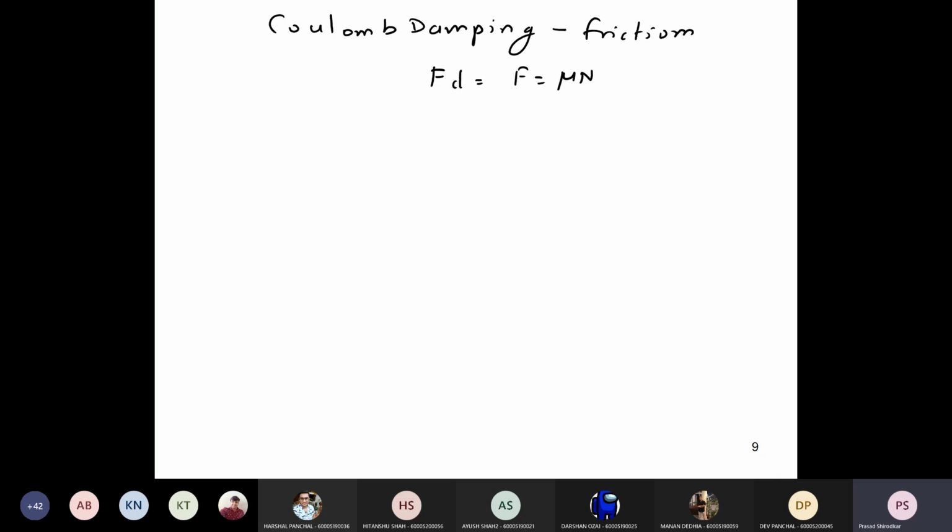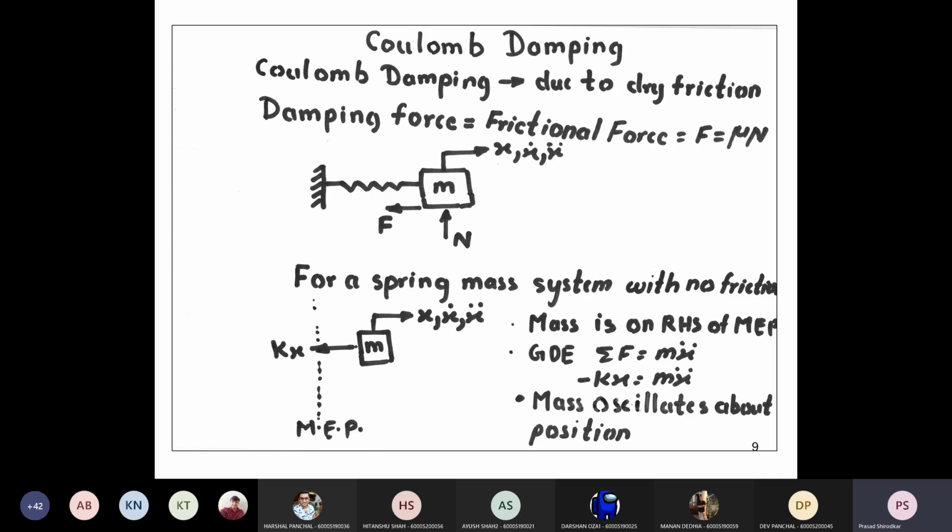Let's consider a spring mass system, and this mass is oscillating about some mean position, and the displacement is x, x dot, x double dot. If the displacement is on the right hand side, then you have the normal reaction, and this will have the frictional force. So this is the general free body diagram.